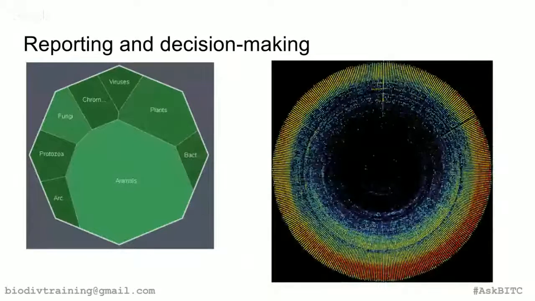Finally, visualizations are a key component of reporting of results and influencing decision makers. There is a whole subdomain called data journalism that focuses on this aspect of building visualizations to inform rather than doing exhaustive analysis. Biodiversity informatics has seen the development of field-specific plots, such as these two.